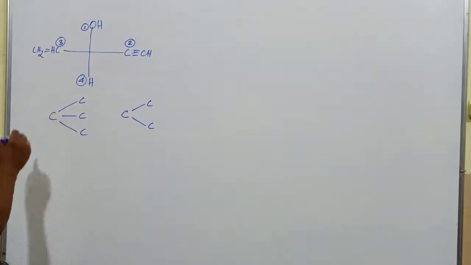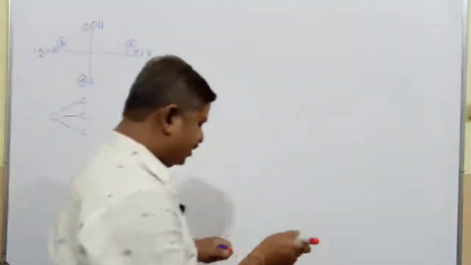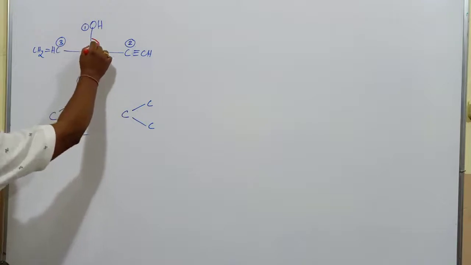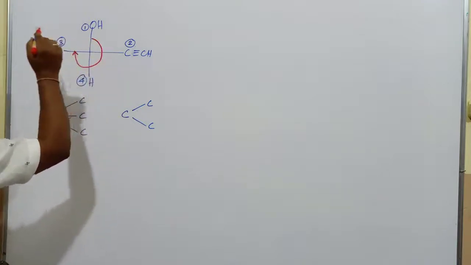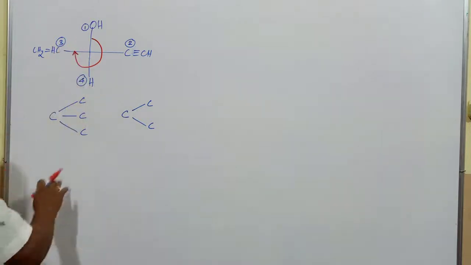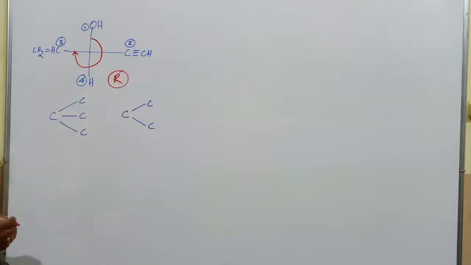Now in case of this one, what is the movement of that direction? Here this is first group, this is second group, this is third group. Here it is going to be moving in this direction. It is commonly called the clockwise direction. Clockwise direction refers to this configuration being the R isomer.